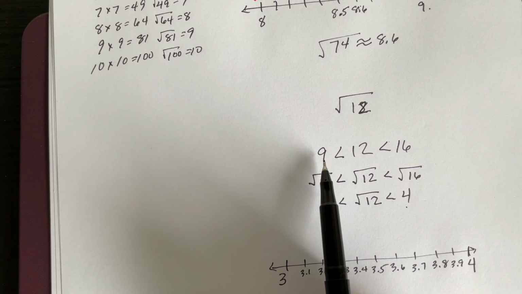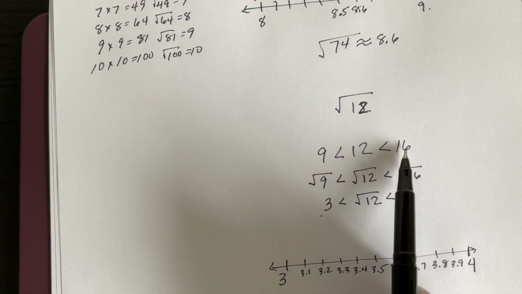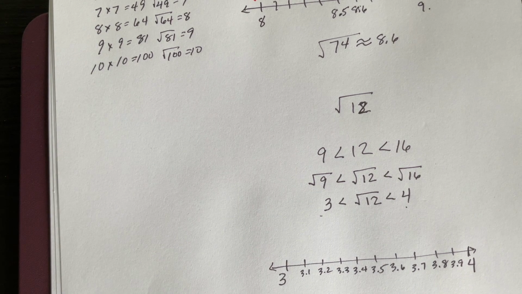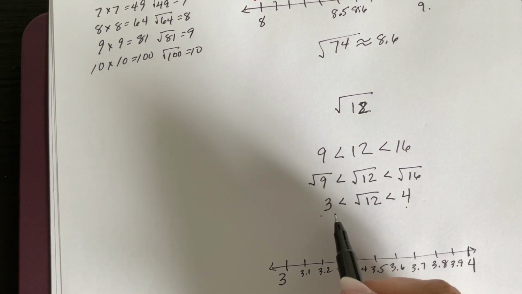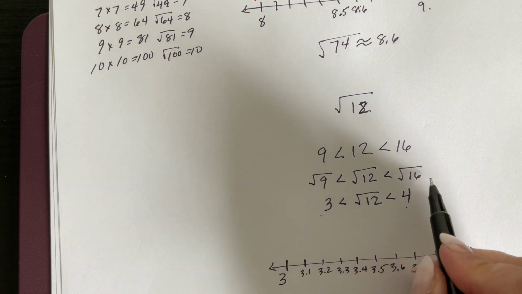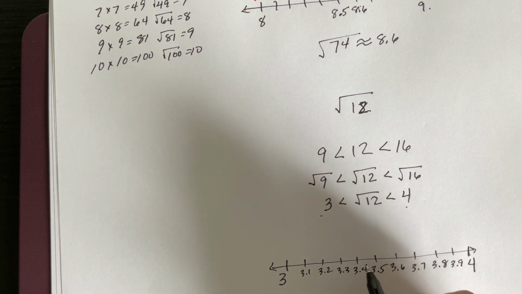Now when I think about 9 and 16, which one is 12 closer to? We have 9, 10, 11, 12, 13, 14, 15, 16. So there's 3 from 9 to 12, but there's 4 from 12 to 16. So I would say closer to 3.4.